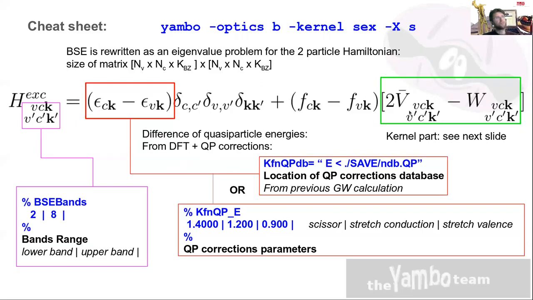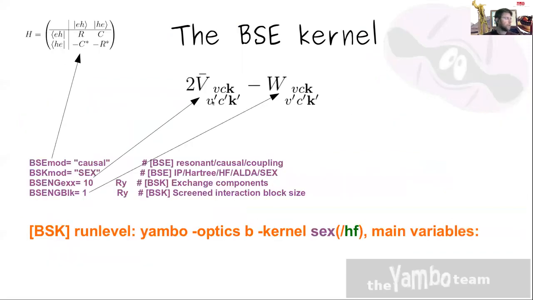And then the most important part of the BSE calculation is the kernel, which describes the exchange and the electron-hole interaction. The kernel has a few parameters which you can set to control it. In particular, first of all, you can define the kind of kernel.